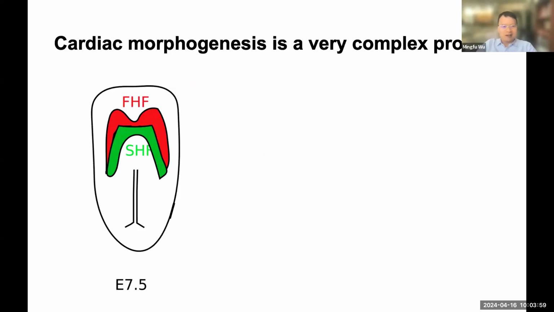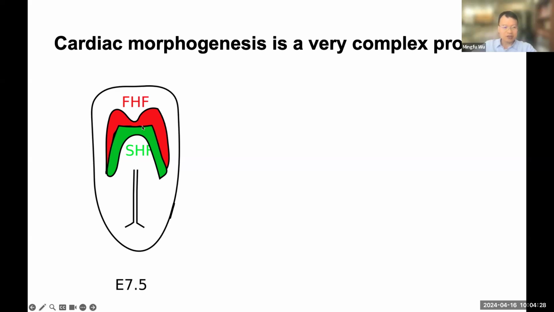Cardiac morphogenesis is a very complex process. So as not to confuse you, I'm going to give a very short introduction to this process. The majority of the cells in the heart are derived from two pools of progenitor cells, called the first heart field progenitor cells in red here, and the second heart field progenitor cells in green here.